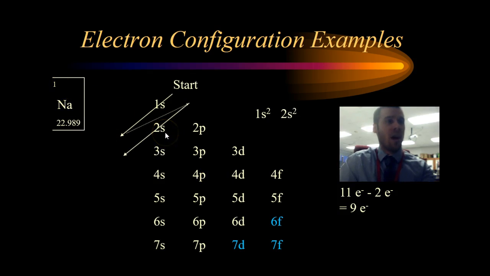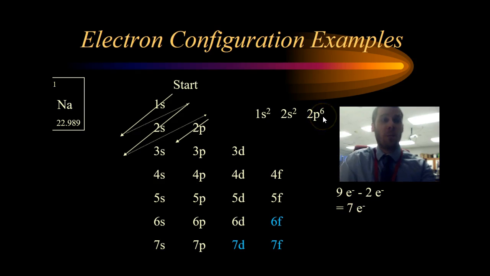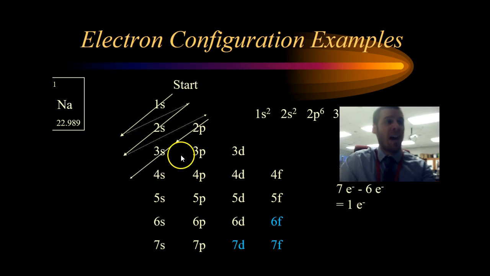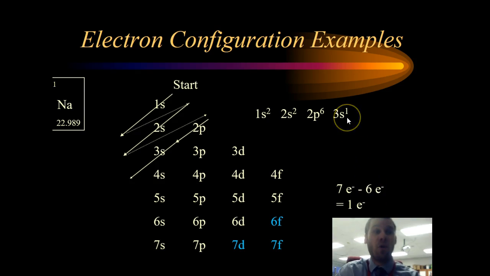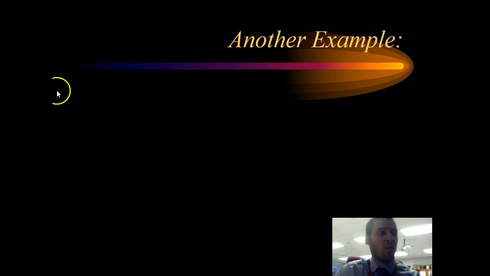I'm going to go to 2s2. Then I'm going to go to 2p. I have 7 more electrons to account for, so I can fill that orbital with all 6 of the electrons. Then finally 3s. I only have 1 more electron to account for. S could hold 2, so I'm going to end there, 3s1, because I only need 1 more electron to get to my total of 11.